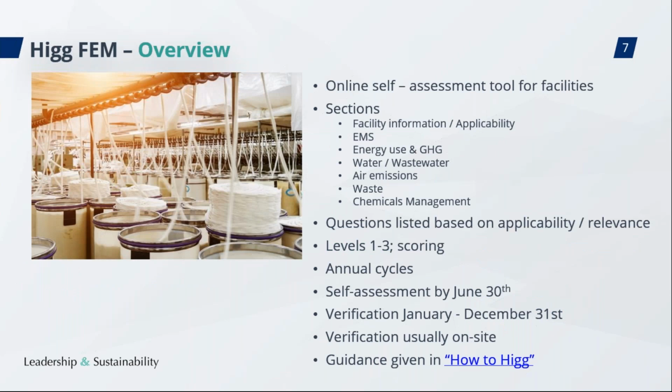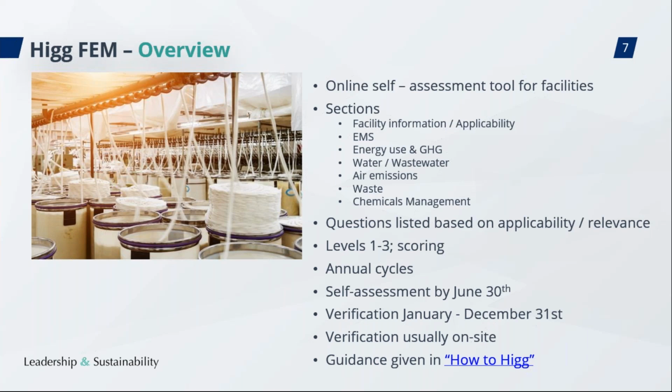The FEM is divided into several sections: facility information, applicability, EMS, environmental management systems, energy use and greenhouse gas emissions, water, wastewater, air emissions, waste, and chemicals management. At the beginning, there are applicability questions, and based on the factory response to these questions, the actual sections questions are selected automatically.